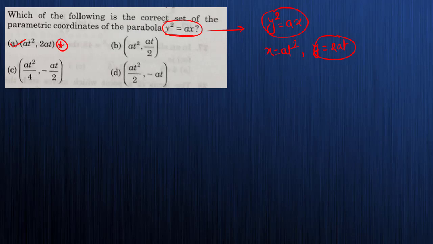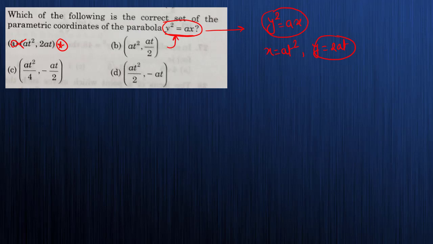Then what to do now? We know the concept that any parametric point satisfies the equation of the parabola, y square is equal to ax. Okay, means the correct answer should satisfy this y square is equal to ax. See, as we already know, this is definitely not going to be my answer. Okay, so leave it. So let's substitute the option with t square comma t by 2 in the equation.